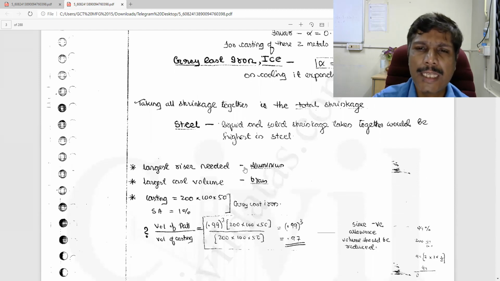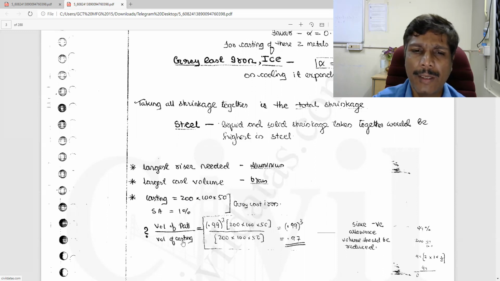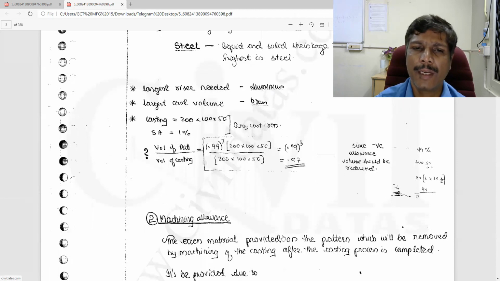The longest riser is needed for aluminum, and the largest cast volume for brass. You have to remember this. The volume of pattern by volume of casting equals 0.97 when the sinkage allowance is 1% for gray cast iron. It is an important problem which may be repeatedly asked.